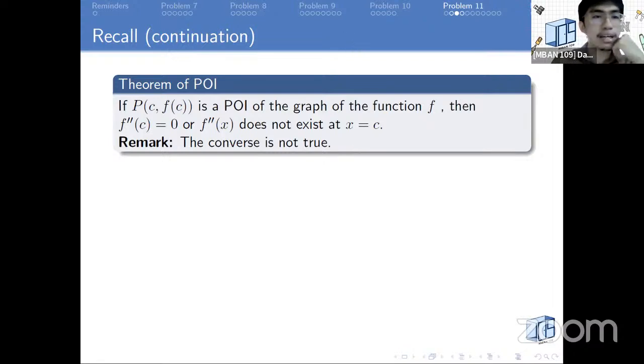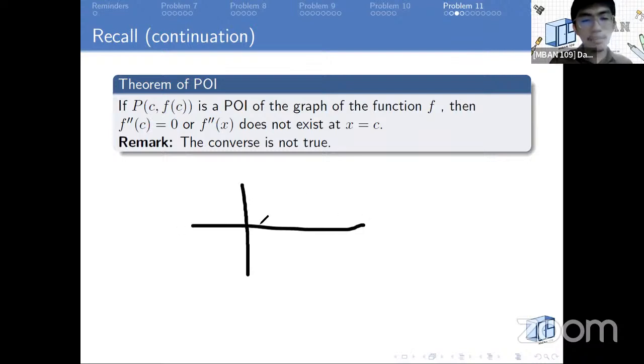Kanina, 'di ba, teka. So, ang mangyayari diyan, halimbawa, meron ka ulit open interval AB, tapos nandito ka sa C. Tapos ito yung point P mo. Tapos given ito yung graph.